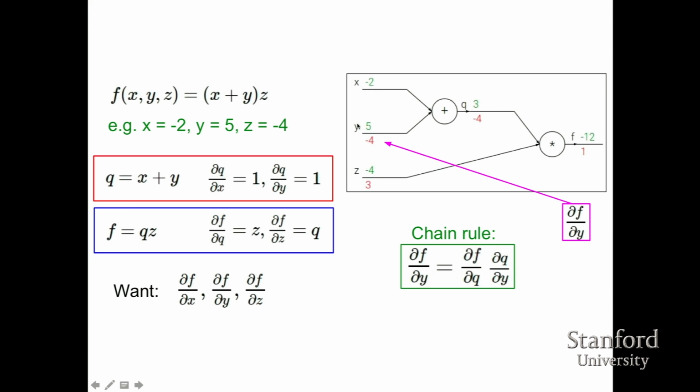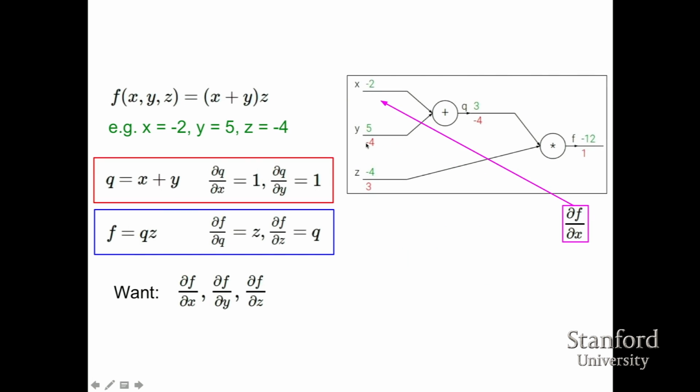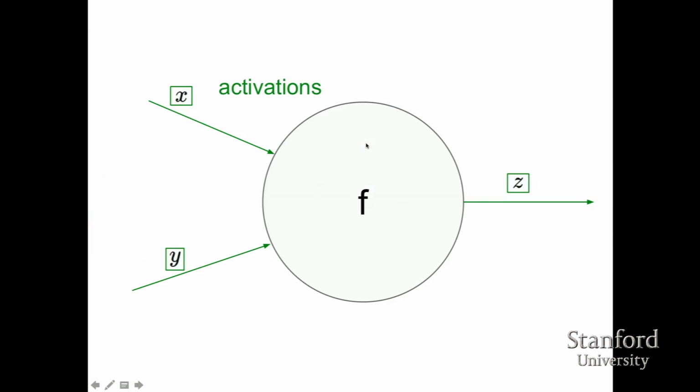It's not really a full gradient, right? It's just the local part of the gradient, dq dy. So we multiply these two terms: df dq, which we wrote down here, is just z, minus 4, times dq dy, which is just 1. So minus 4 times 1 gives minus 4. And we can do the same thing for x. Again, apply the chain rule.